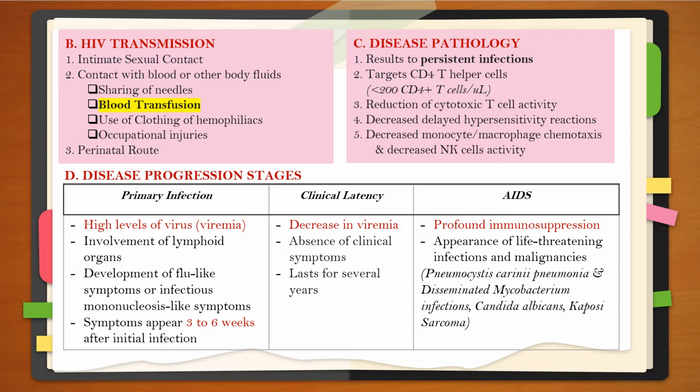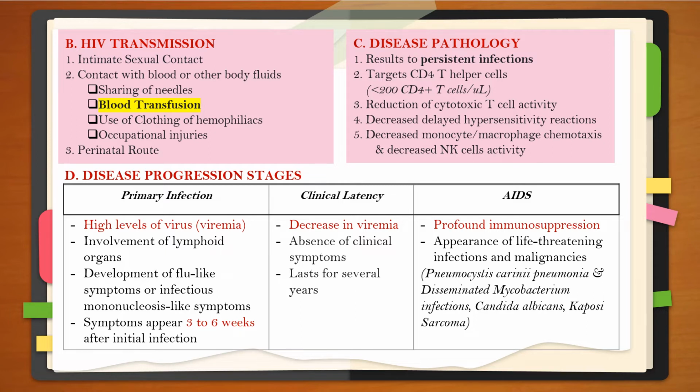As for the disease pathology, it results in a persistent infection that is capable of vastly destroying the immune system by extremely jeopardizing the cellular immunologic responses of the infected individual. The prime targets of the virus are the CD4 T helper cells. The decrease in CD4 T helper cells has been recognized as the hallmark feature of an HIV infection.